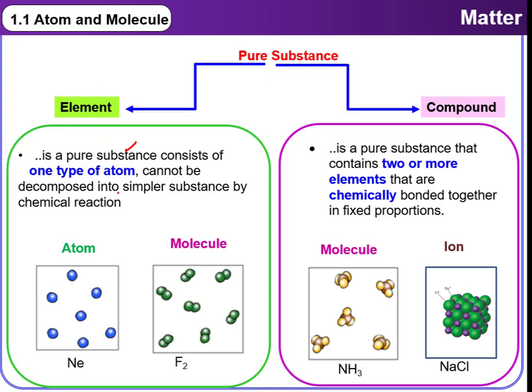It cannot be decomposed or cannot be broken down into any simpler substance. How about compound? It is pure substance, still under category of pure substance, that contains two or more elements that are chemically bonded together in fixed proportion, such as ammonia gas, NH3. Or it can be in the form of ions such as sodium chloride. Okay.